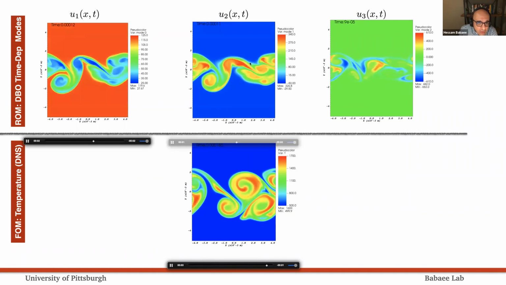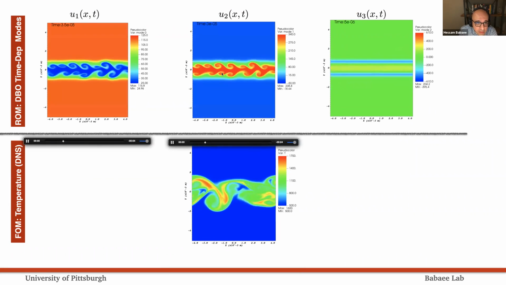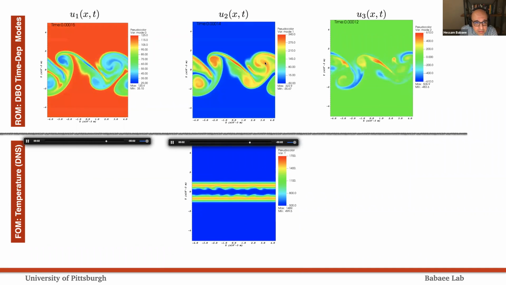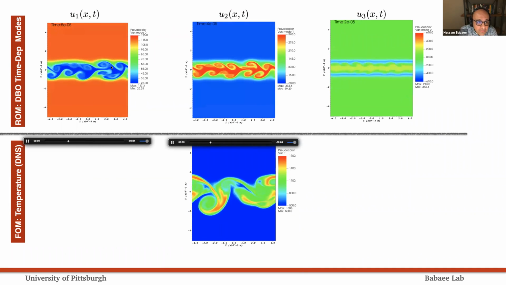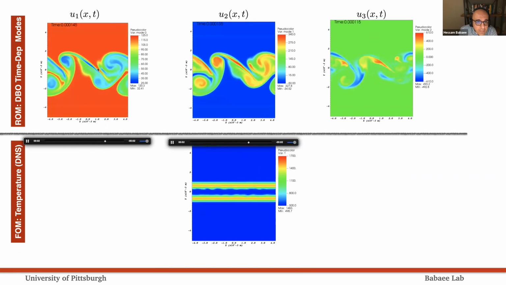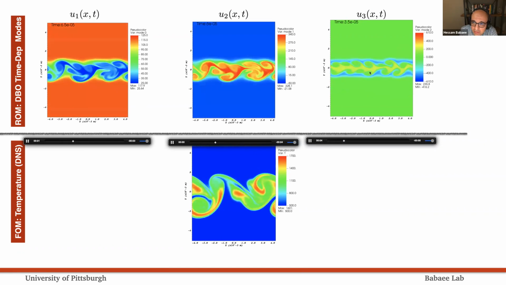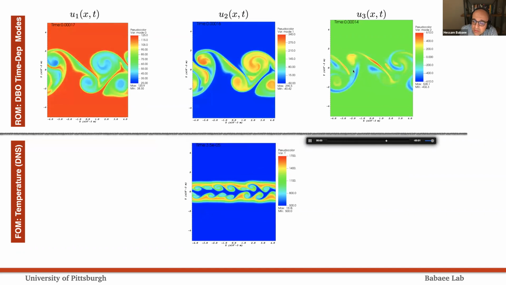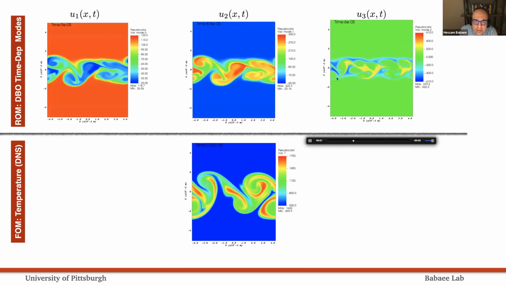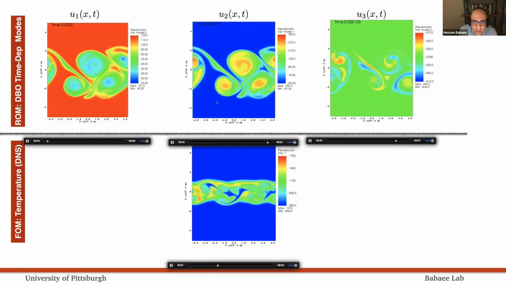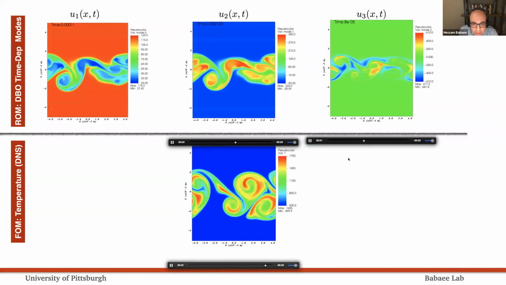You can see these are orthonormal modes, so they are instantaneously orthonormal. These are the time-dependent bases. You can see the first two modes capture the larger scales, and the third mode captures these finer structures in time.